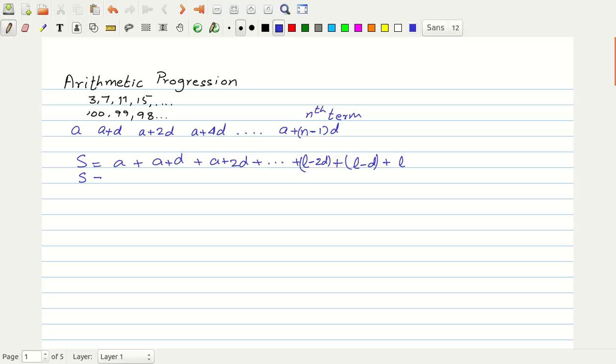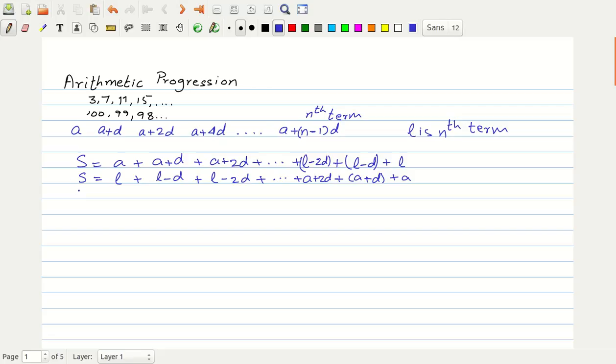So we can write this sum also in the reverse order: L plus (L minus D) plus (L minus 2D) plus, and so on, down to (A plus 2D) plus (A plus D) plus A. Let us say that L is the nth term, so there are n terms to add.